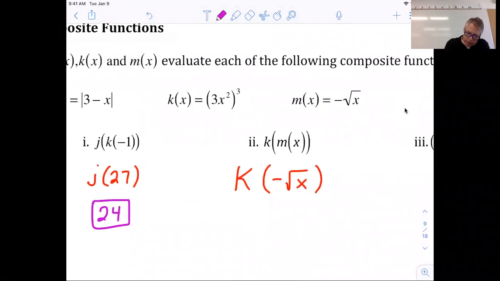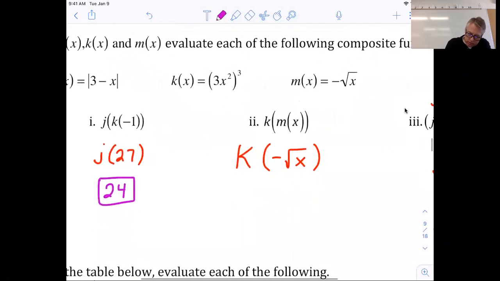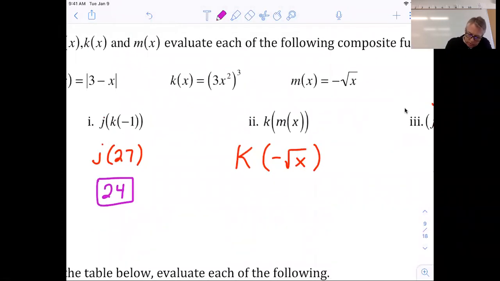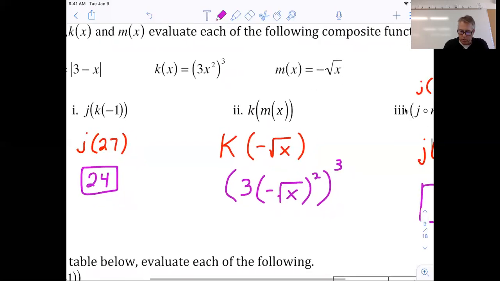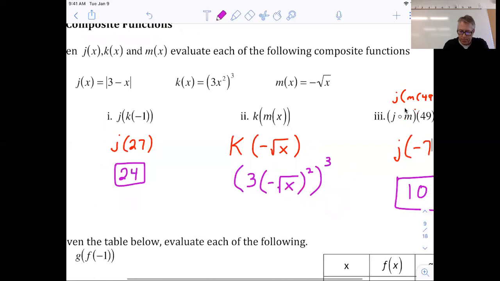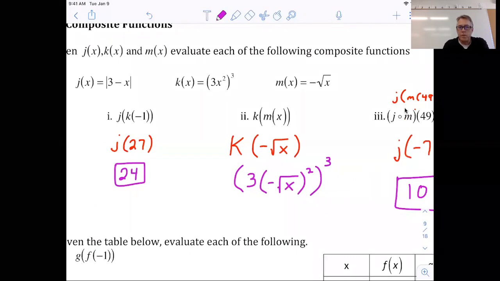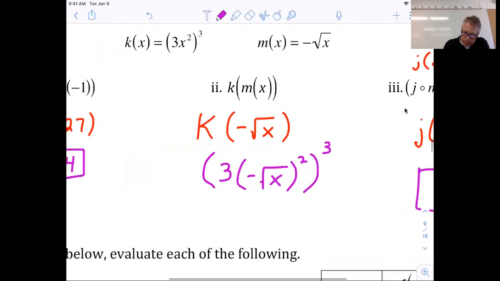So that means we're going to do, and I'll write this out because there's a little more algebra to it, 3, I'm plugging it in right here, guys, 3 times the opposite of the square root of x squared, and then we're going to cube it all. So I have to clean that up a little bit.